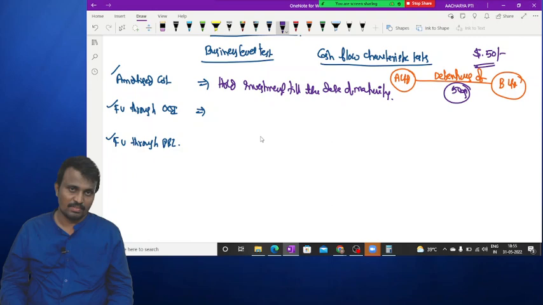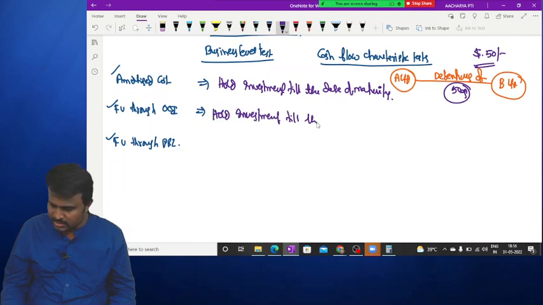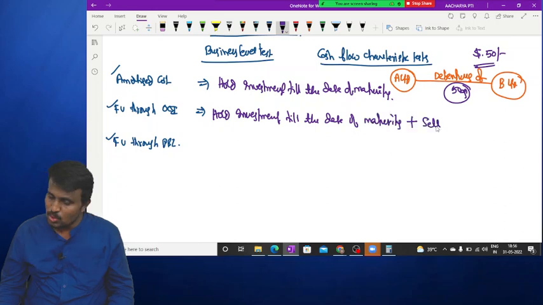So if the party wants to hold the investment till the date of maturity, and those are sold by the party if a better offer is available in the market before maturity.